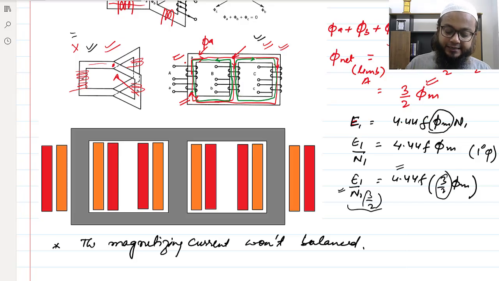And apart from that, we get more induced EMF per unit turn. So if I'm getting more induced EMF per unit turn, that means I can reduce the number of turns to get an equal amount of phase voltage. That's why I said this kind of arrangement will save me copper and save me iron material as well. So that's why we prefer this kind of arrangement.